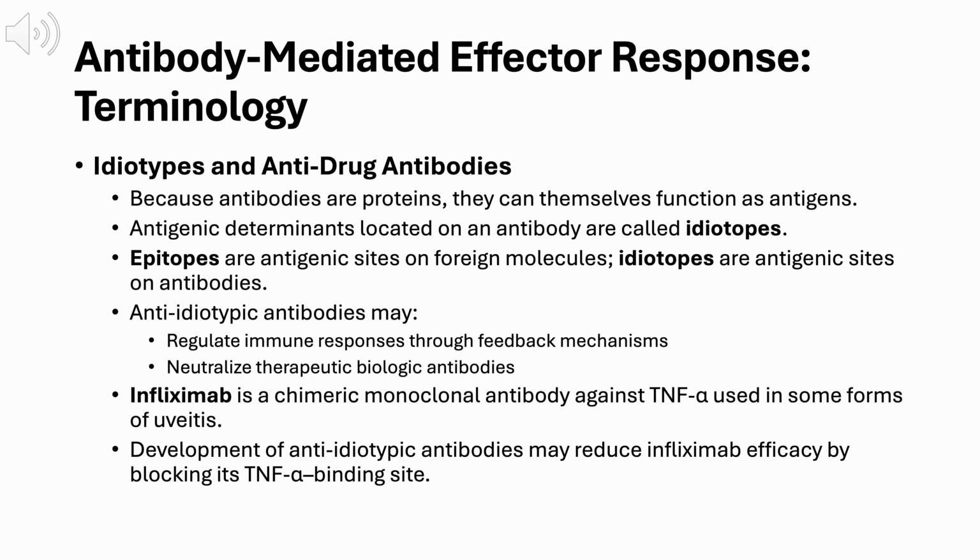Here's a concept with real consequences for how our biologic drugs perform. Because antibodies are themselves proteins, they can function as antigens. The immune system can raise antibodies against antibodies. The antigenic determinants located on an antibody are called idiotopes. Keep the pairing straight.